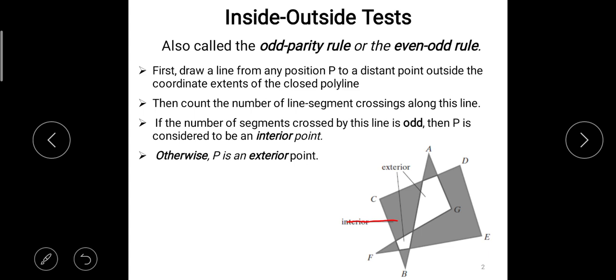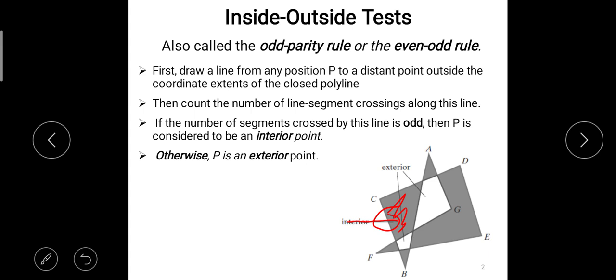If you look at this, there is only one line segment intersecting this edge, which means there is an odd number of edge crossings. So this particular region we call the interior region.